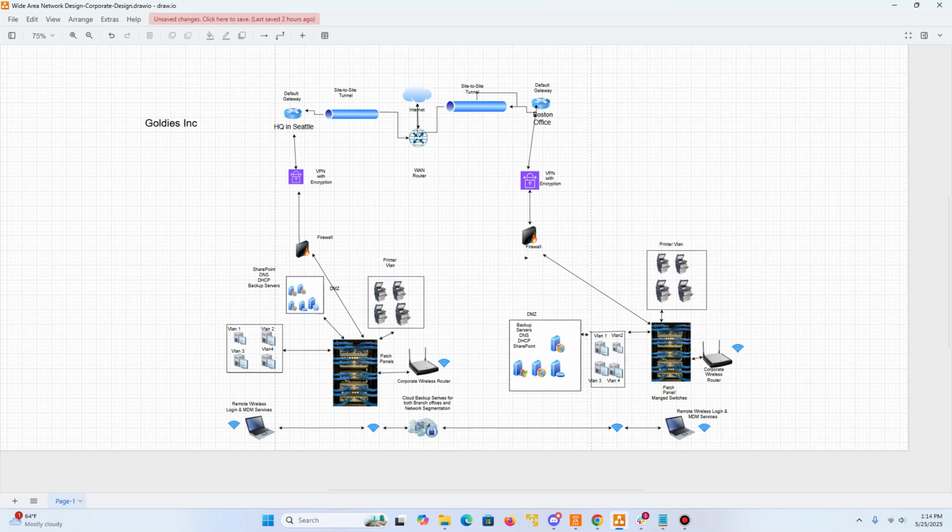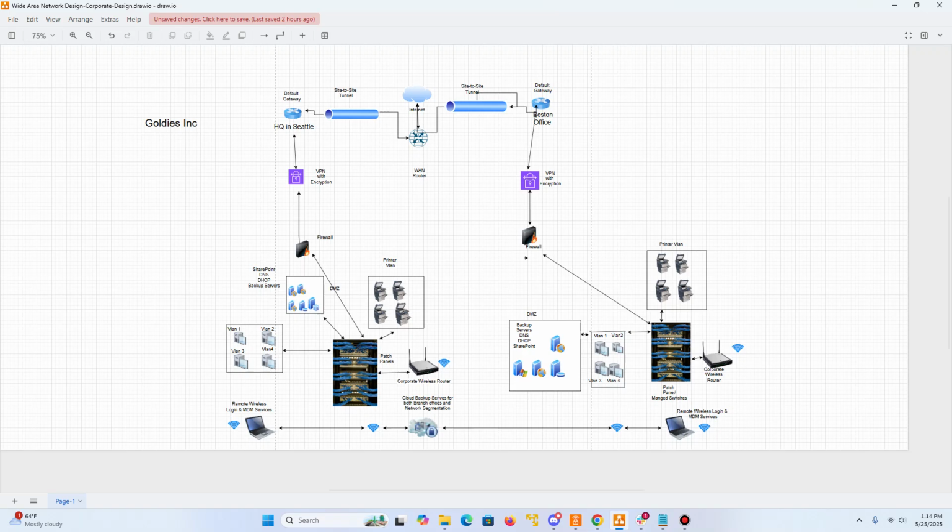So we have Boston and Seattle connecting and transferring information back and forth. We need this site-to-site VPN tunnel, and it allows these locations to securely share resources and communicate as if they were part of the same internal network, which is wonderful.